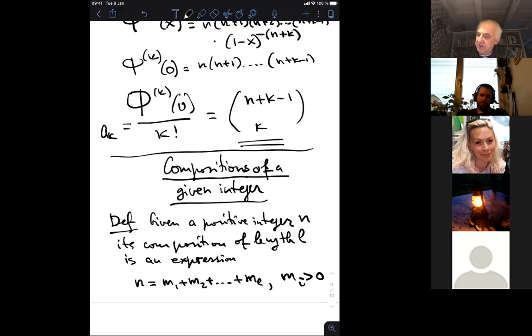And that's an ordered expression. It's important that m1 is our first entry, m2 is our second entry, mL is our last entry.